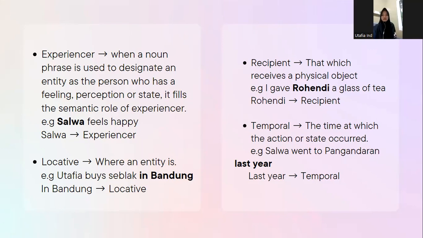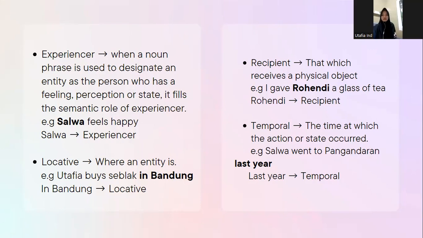For example, Salwa feels happy. Here, Salwa is not performing an action. What is she doing? Yes, she's feeling something, that is happy. So here, Salwa is the experiencer.